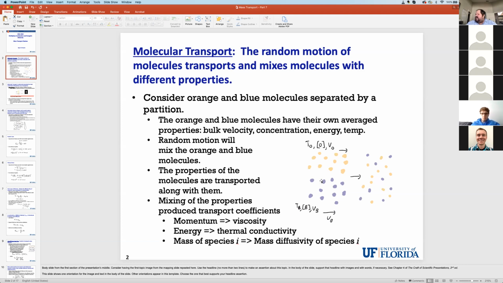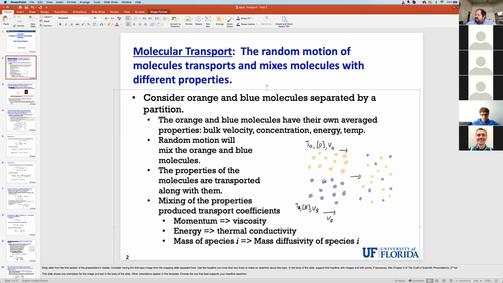If you account for the fact that these molecules can have different energies, different sensible energies or temperatures, and you keep track of that as these molecules move about, you can derive expressions for the thermal conductivity, and from first principles you can derive Fourier's law of heat conduction for gases.